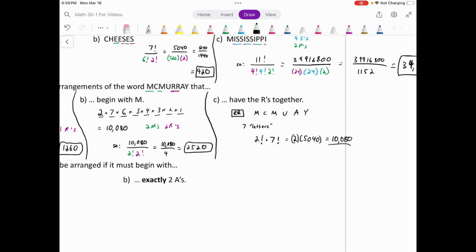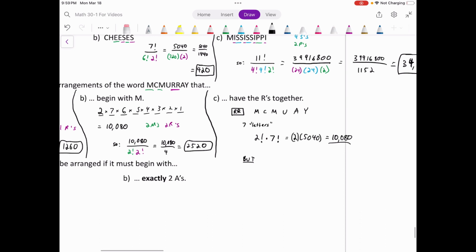Okay, but we have way too many considered here because there are actually 2 identical R's and 2 identical M's, right? So 2 R's and 2 M's. Oh, I switched the color for R's and M's.